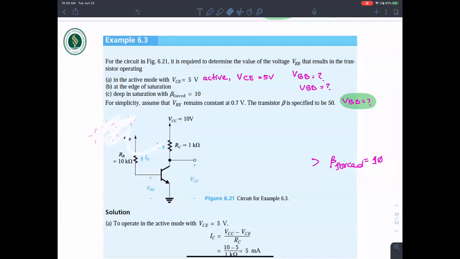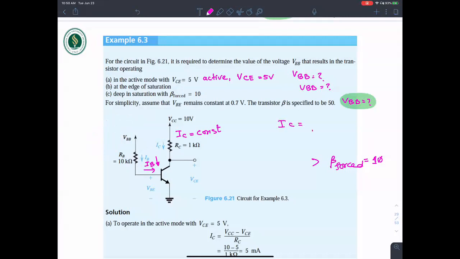In other words, if you want IC to be constant with a voltage of 5 volts, you have to increase or decrease IB based on the region of operation, based on the beta value.